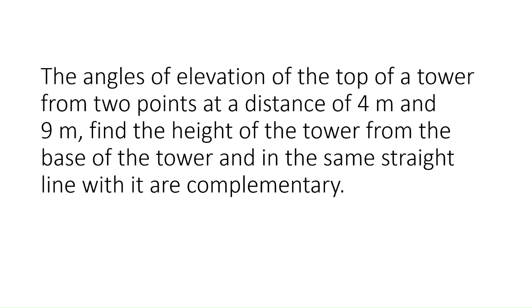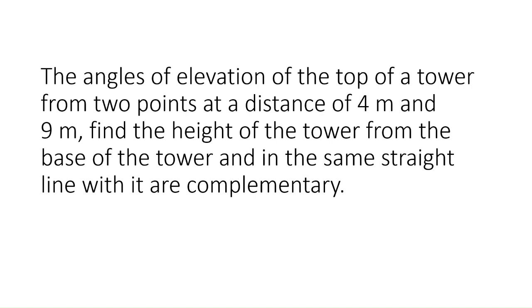The angles of elevation of the top of a tower from two points at a distance of 4 meters and 9 meters from the base of the tower and in the same straight line with it are complementary. Find the height of the tower. Okay, we need to find out the height of a tower.